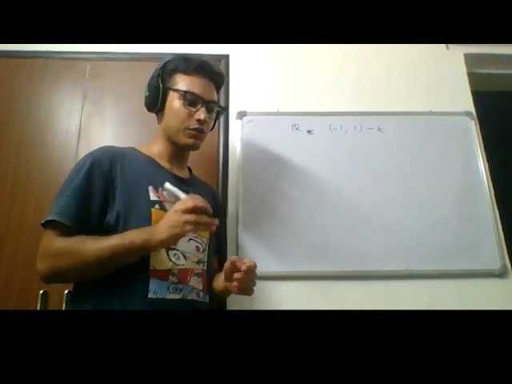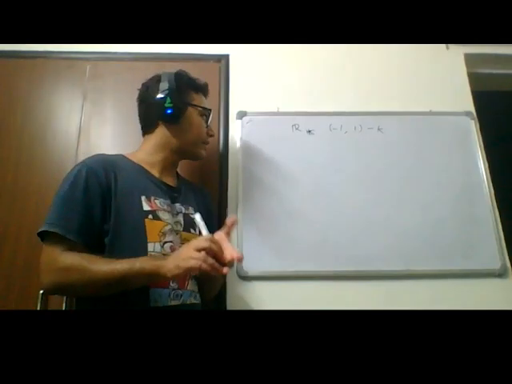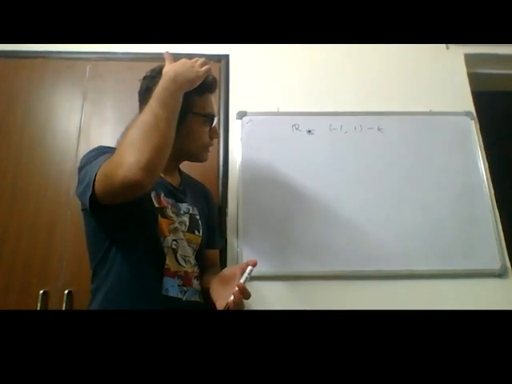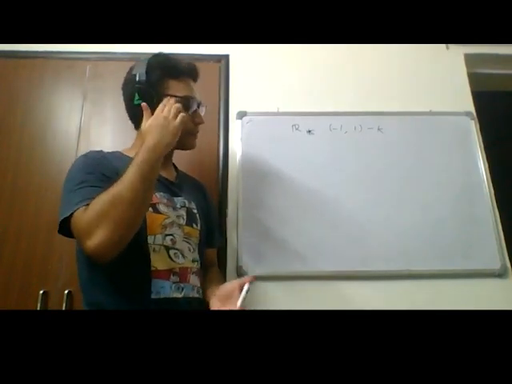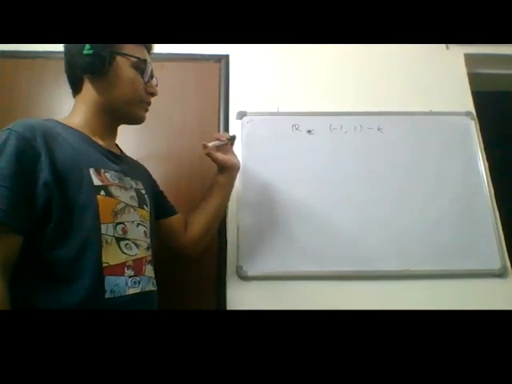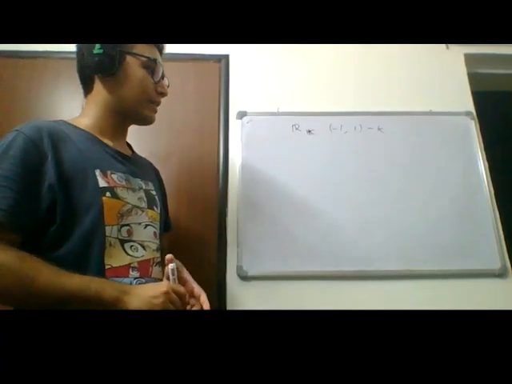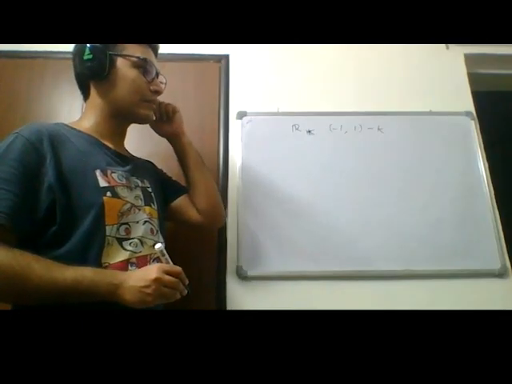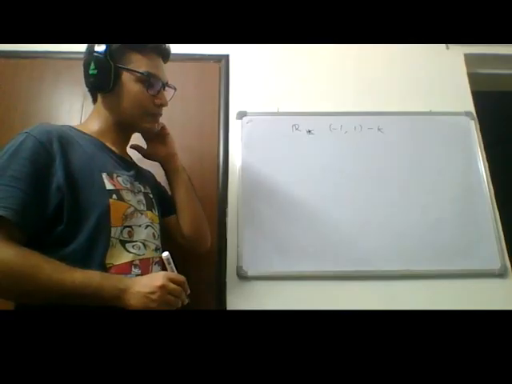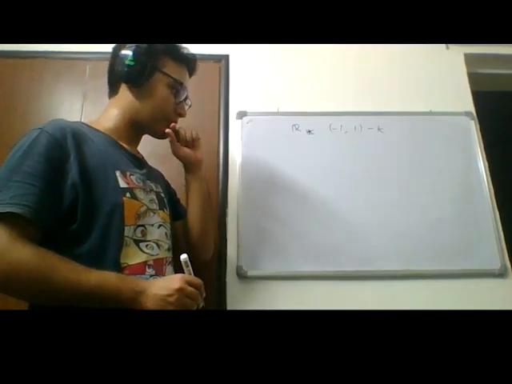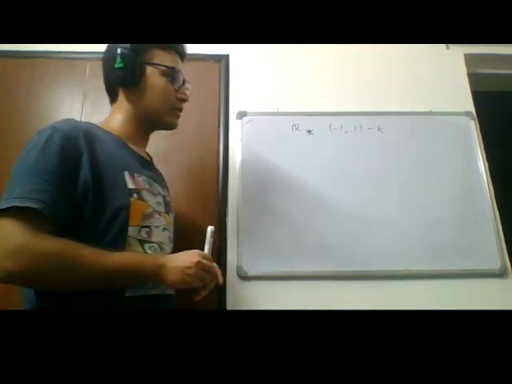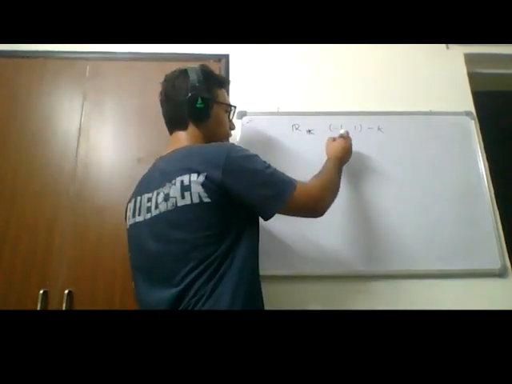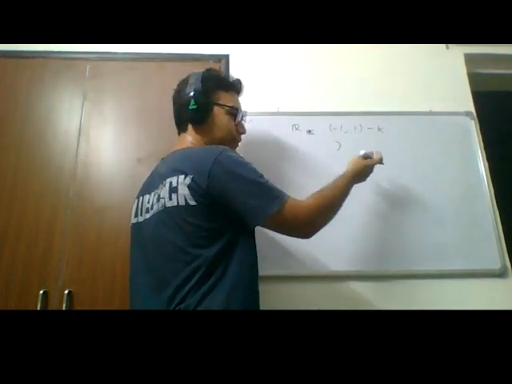Let's take the point 0 and we consider any neighborhood around it. It cannot be open at a point ahead of 0 or at 0.